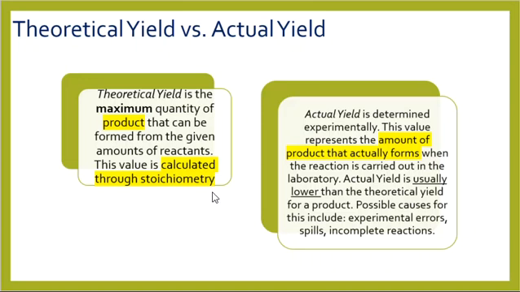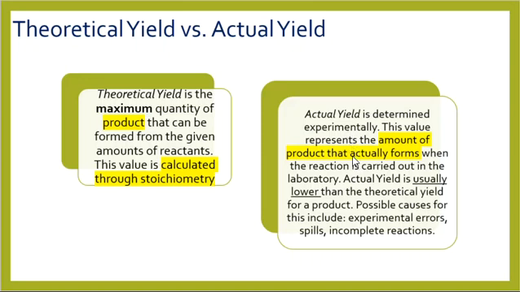If you are given this value in a problem, it will state that the theoretical yield for this reaction is X number of grams. So it'll explicitly say what the theoretical yield is, but expect to calculate this the majority of the time.